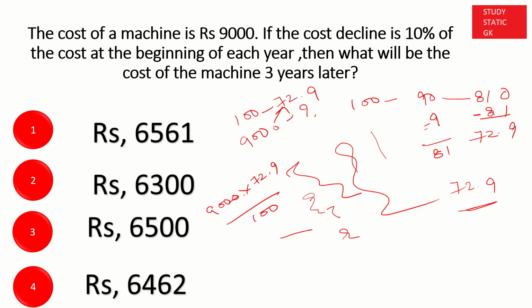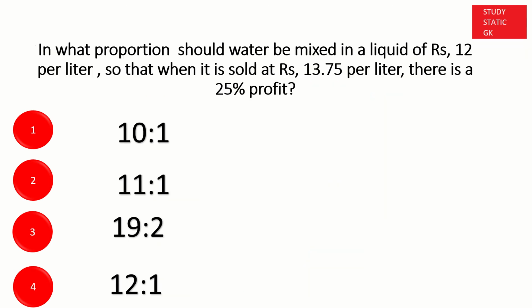Okay, this and this gone. 729 into 9: 9 9s are 81, 9 2s are 18 plus 8, 26, again 2, 9 7s are 63, 65. 6561 is the answer. The next question.